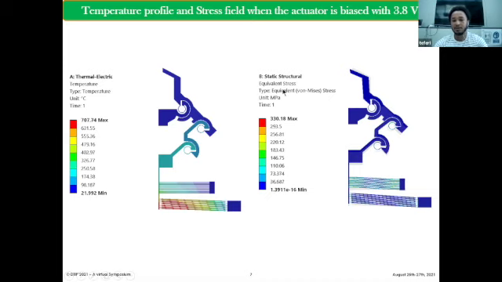And also the maximum equivalent stress is 330 around the thin curved beam regions. When we compare this value with the yield strength of silicon, it is below that. So based on the temperature profile and the stress field, we can say that our design is safe.